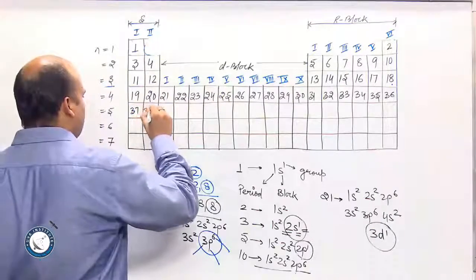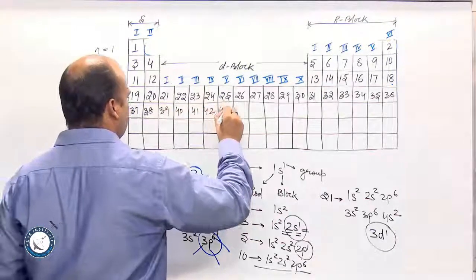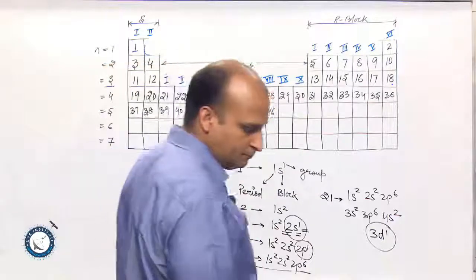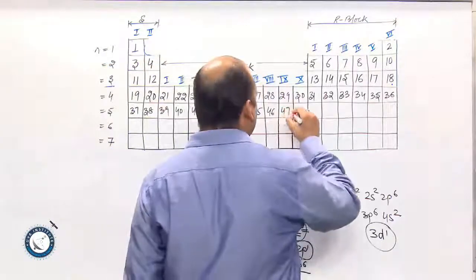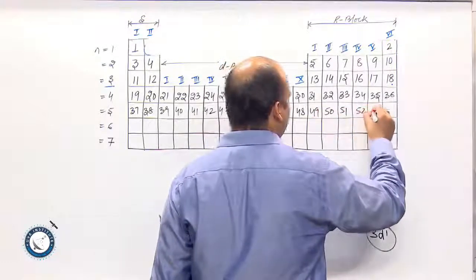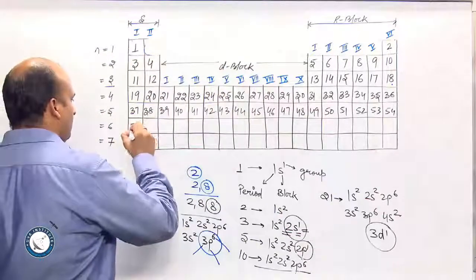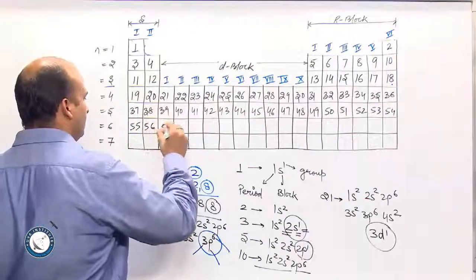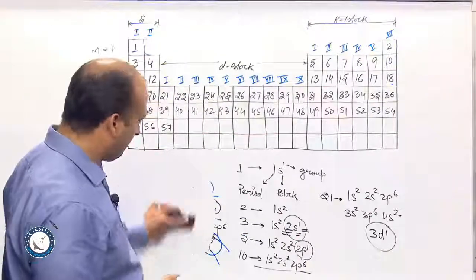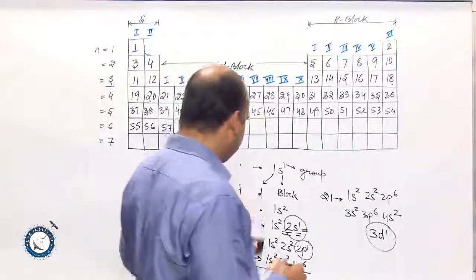Likewise 37, 38, 39, 40, 41, 42, 43, 44, 45, 46, 47, 48, 49, 50, 51, 52, 53, 54, 55, 56, 57. Okay. Let us check what is 58. I'll check it over here.